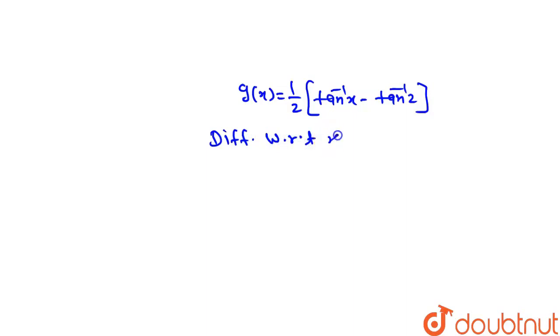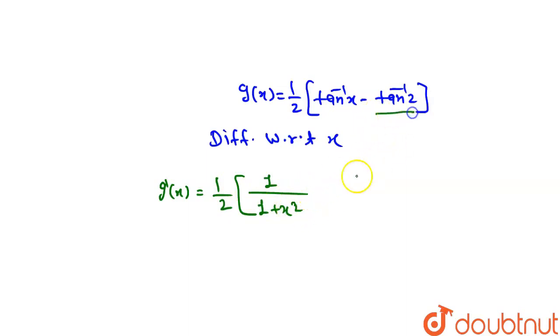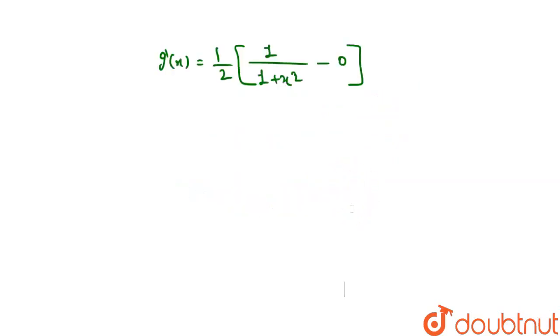So g dash x is equal to half times the differentiation of tan inverse x, which we know is 1 upon 1 plus x square, minus the differentiation of tan inverse 2, this is a constant term, so its differentiation is 0. Now g dash x is equal to 1 upon 2 times 1 plus x square.